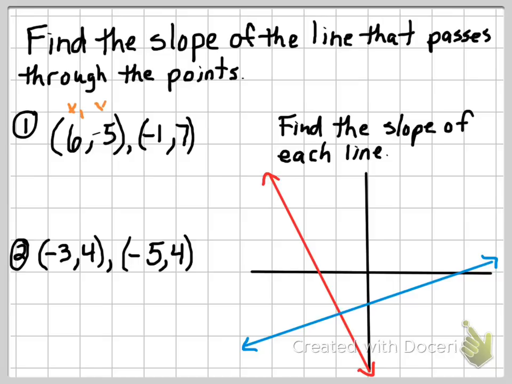Okay, so when I have 2 points, I always give an x1, y1, x2, y2, and I use my equation, y2 minus y1 over x2 minus x1 to find slope. So that gives me 12 over -7, so m equals -12/7.